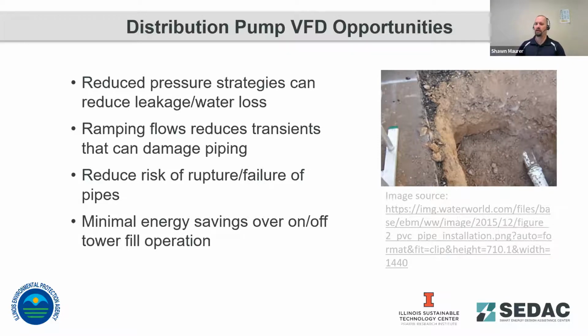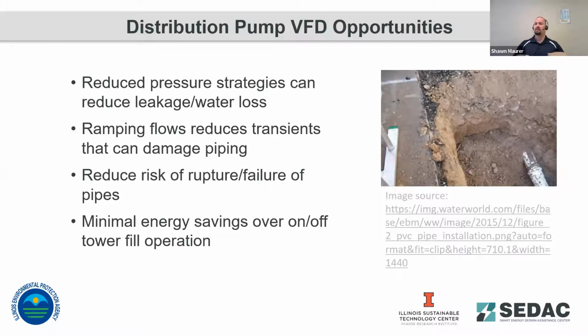Something that can help with VFDs as well, when looking at on-off operation of pumps, when the pump kicks on at full speed, you get a slug of water pressure moving through your system. And that transient pressure, if it hits a bend in a pipe or a valve or fixture, it causes vibrations, and that can cause pipe ruptures, it can cause seal failures, and gradually over time it causes wear and tear on the piping system that will increase the risk of water main breaks and things like that.